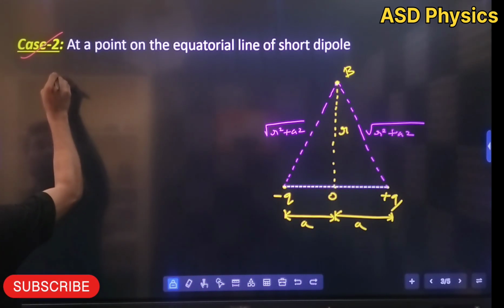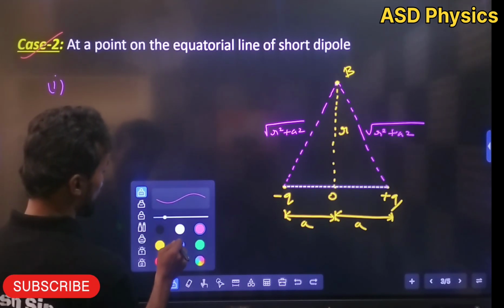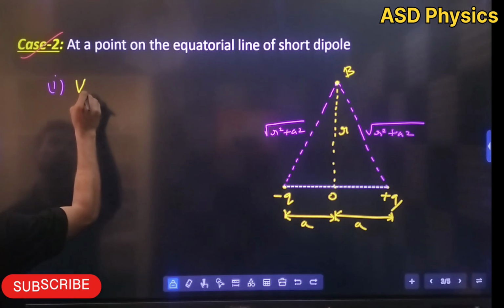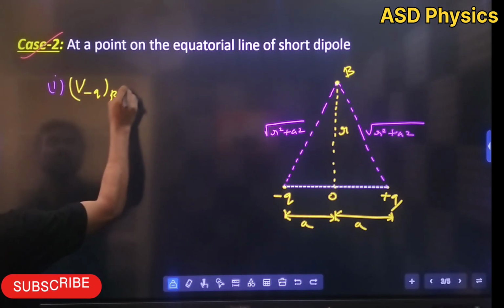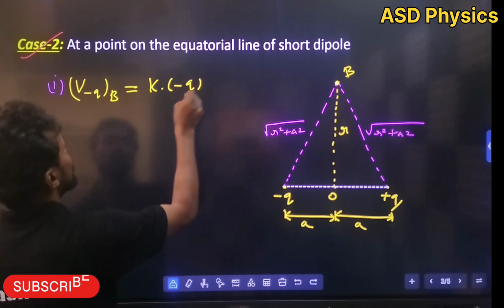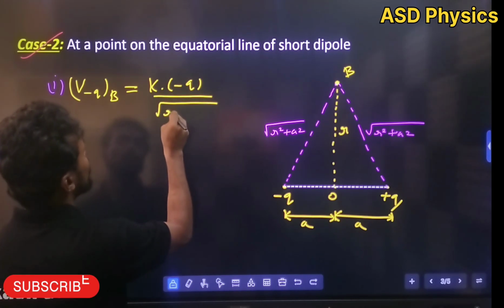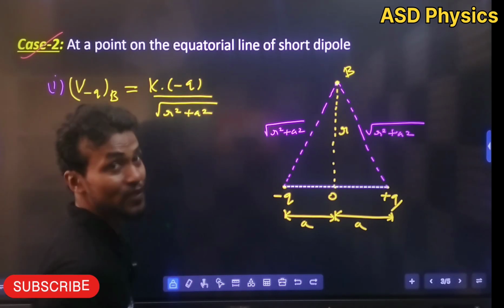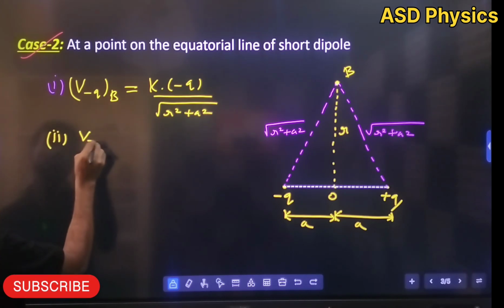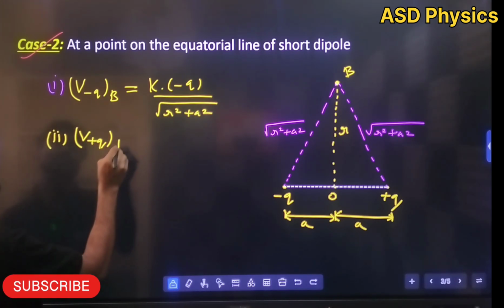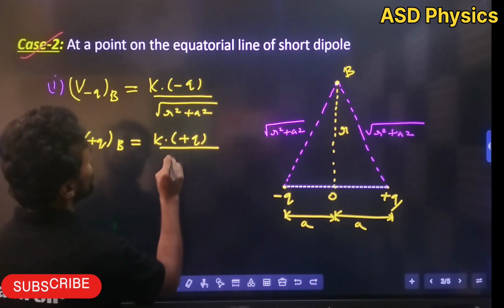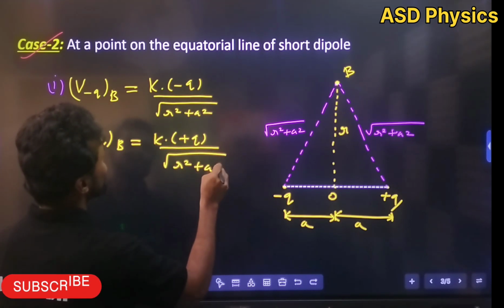So now we'll write: potential at point B due to charge minus Q is given by K into minus Q by square root of R square plus A square. Similarly, potential at point B due to plus Q charge is given by K into plus Q by square root of R square plus A square.